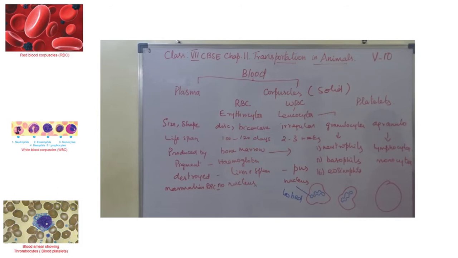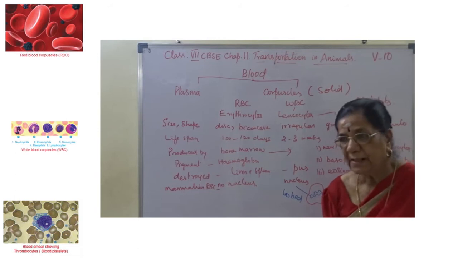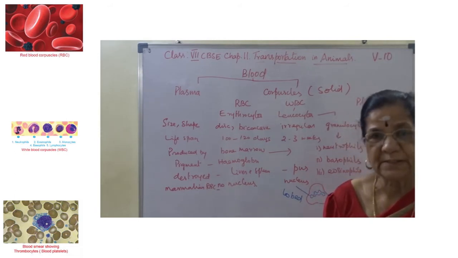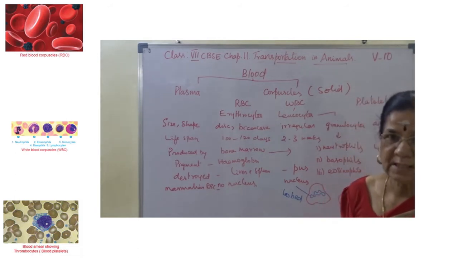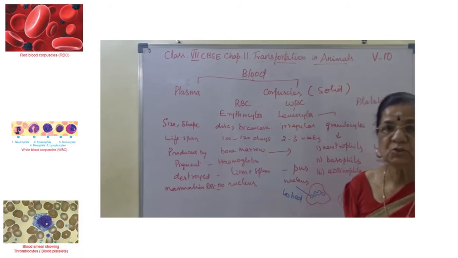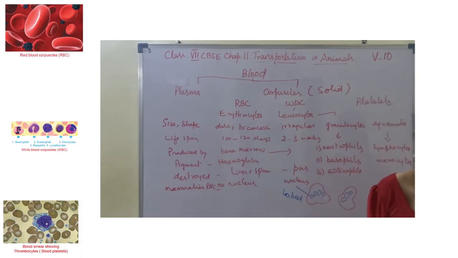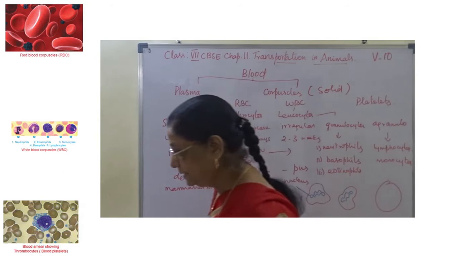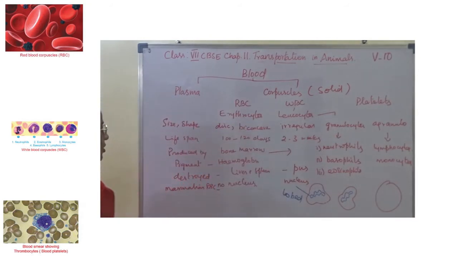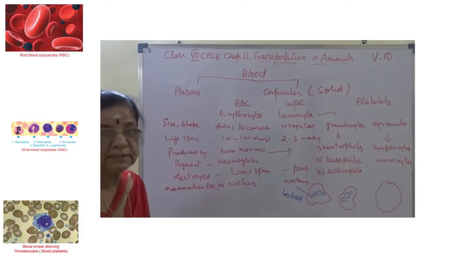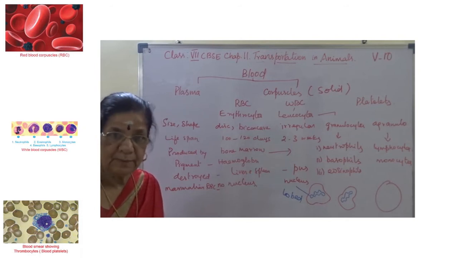I hope you understand. Then platelets are also called megakaryocytes. They are also irregular in shape and are meant for blood clotting. The platelets, with the fibrinogen of plasma protein, take part in blood clotting.